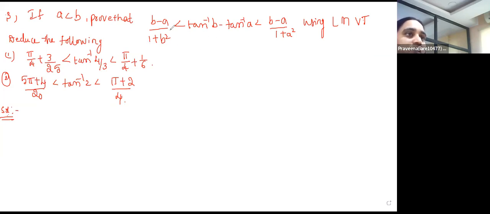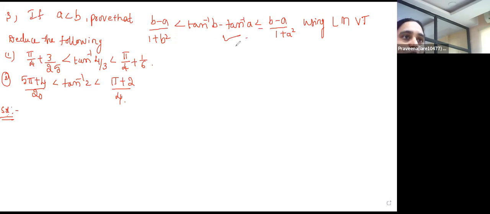The third question is difficult, because here we don't know the function, but we have to prove (b minus a)/(1 plus b square) is less than tan inverse b minus tan inverse a, which is less than (b minus a)/(1 plus a square). We have to prove this using Lagrange's mean value theorem without knowing the function.